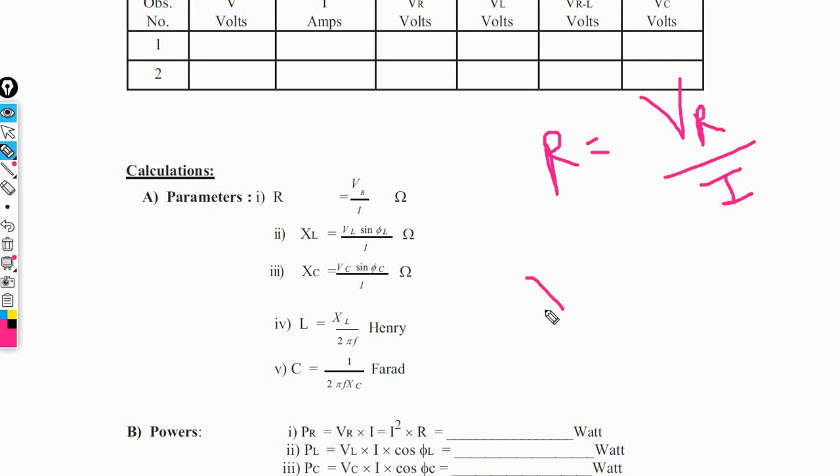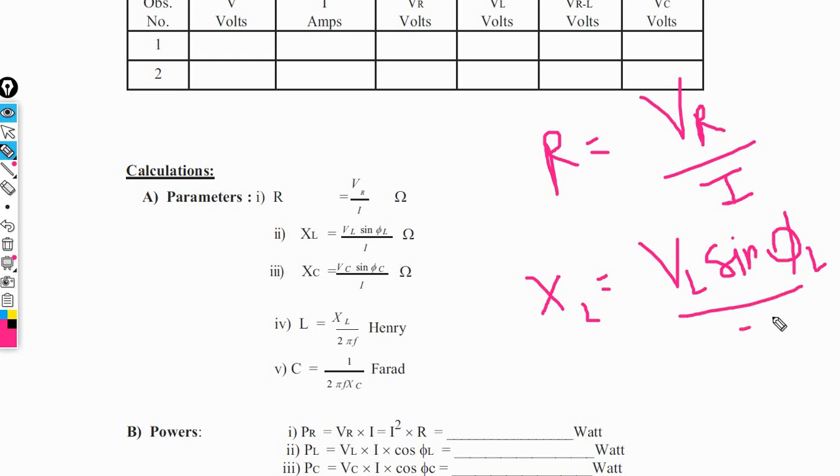Then XL is equal to VL sin phi L upon I, that is XL is equal to V by I. Same for XC is equal to VC sin phi C upon I. Capacitive reactance is measured in ohm, inductive reactance in ohm, and the resistance in ohm.